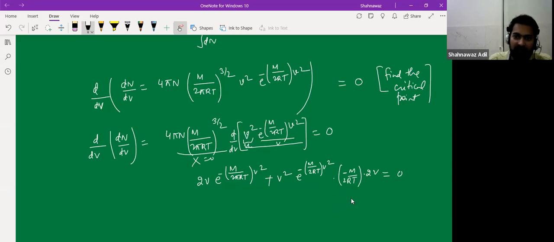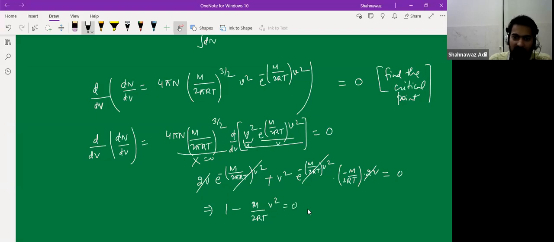Am I correct, guys? Arpit, am I correct? Yes, sir. So 2v cancels out, so we are left with 1 minus m v square by 2 rt.